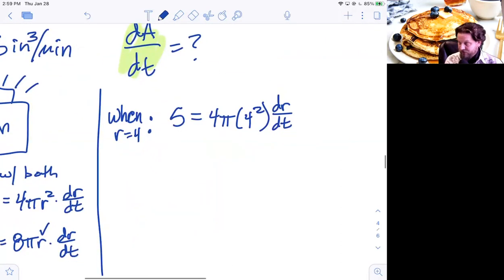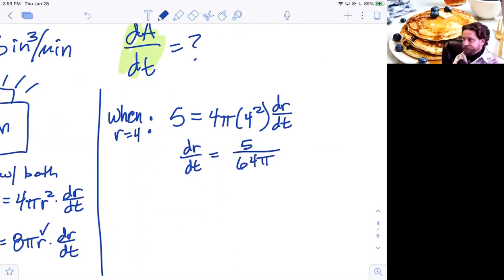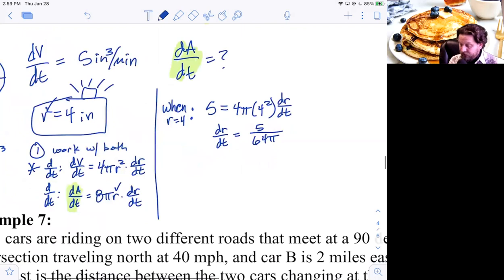We can now solve that for dr/dt. That's going to give us 16 times 4, that's 64. So dr/dt at that moment is going to be 5 divided by 64 pi. And now that I have dr/dt at that moment, I have all I need for the second one.